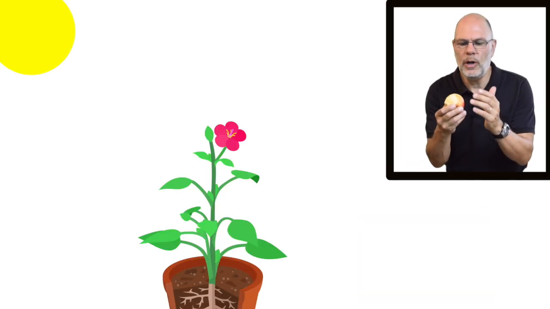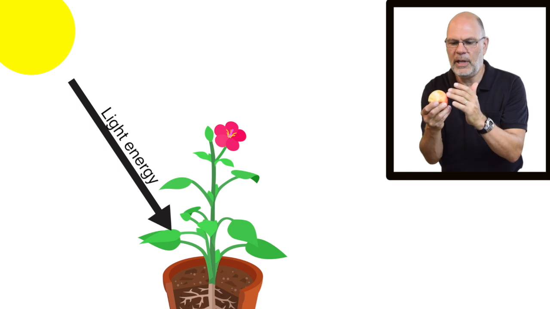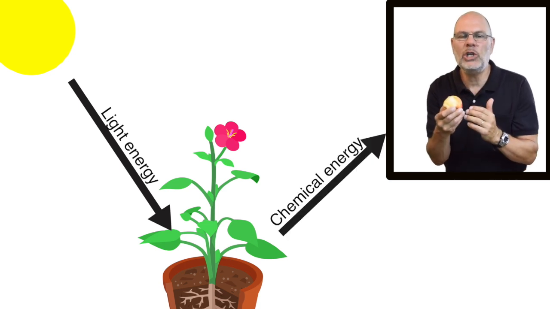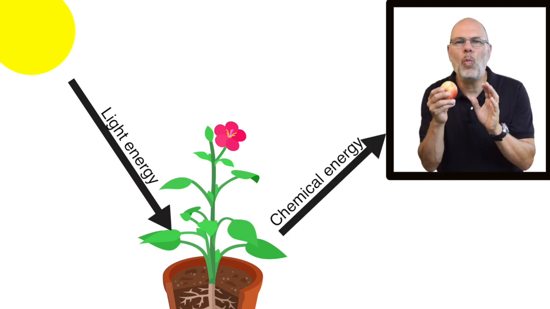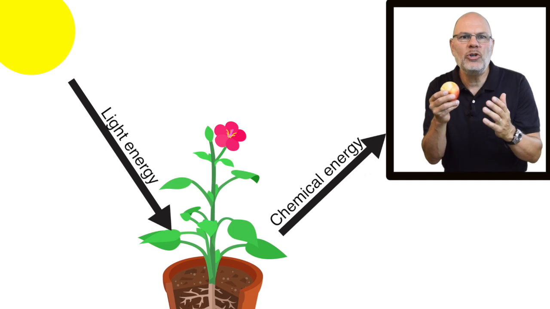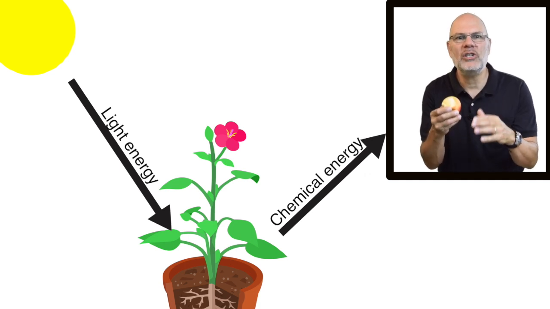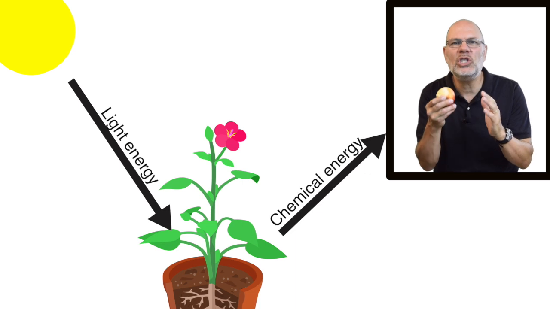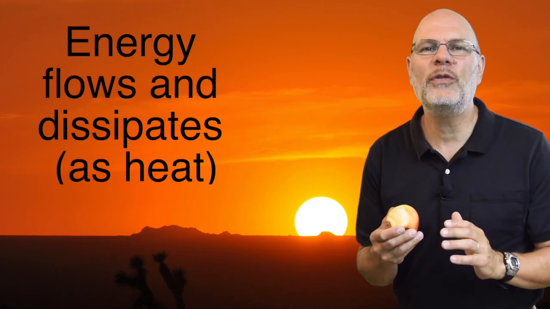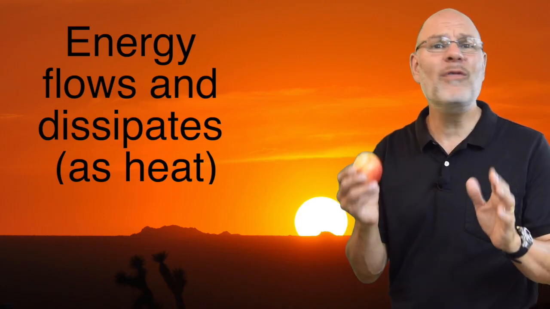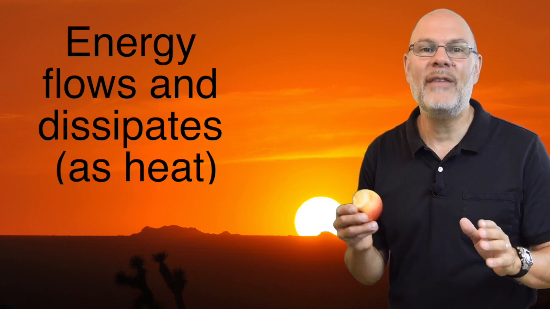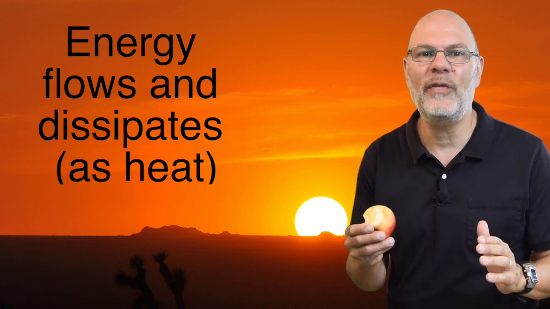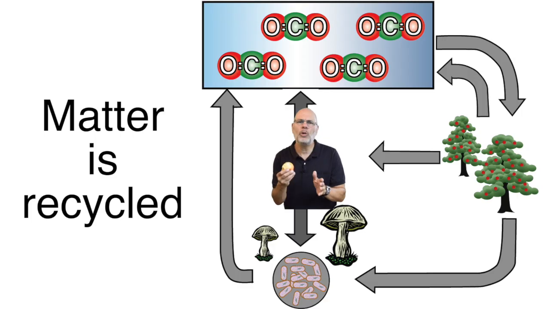So we have energy flow from the sun into plants and then into animals like you and me. Note that this is a one-way flow. The energy isn't lost, but it starts out as useful free energy, and by the time living things are done with it, it's useless heat. Energy flows and dissipates. In almost every ecosystem on Earth, life is sustained by a constant flow of energy from the sun.